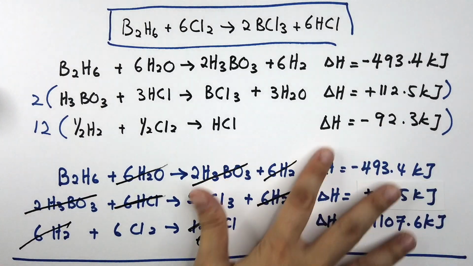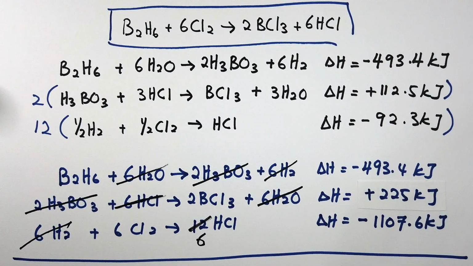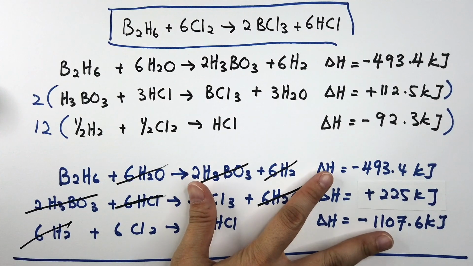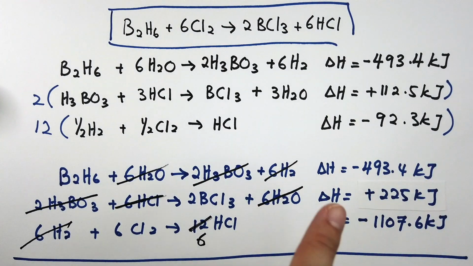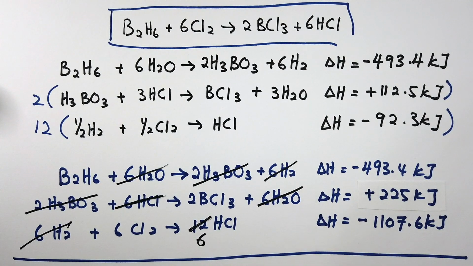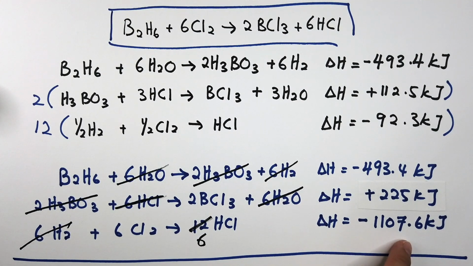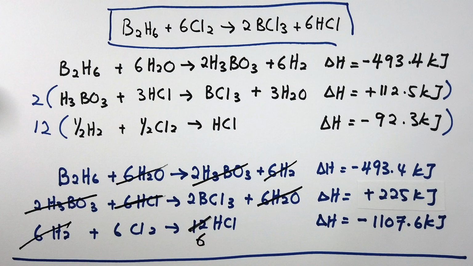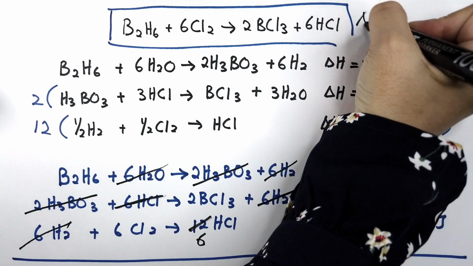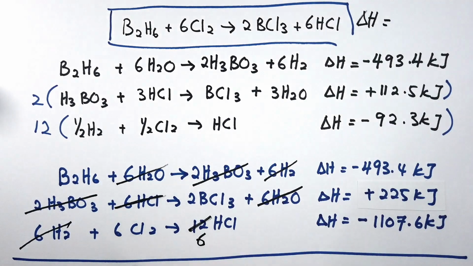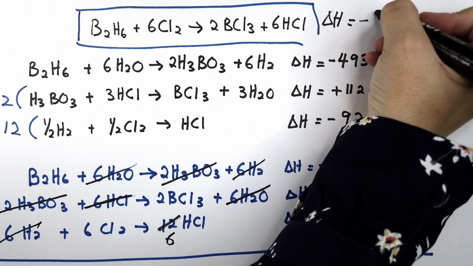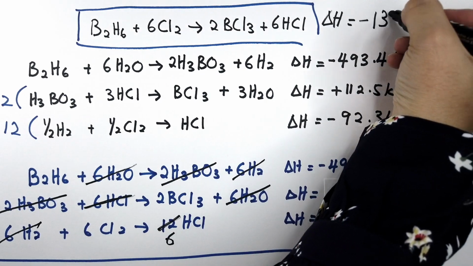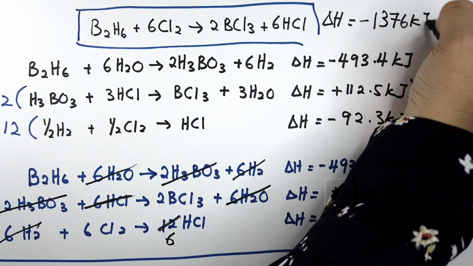So what are you going to do for the delta H? You just need to do the summation of the delta H. So you add negative 493.4 kilojoules plus 225 kilojoules plus negative 1107.6 kilojoules. Altogether, the delta H should be equivalent to negative 1376 kilojoules.